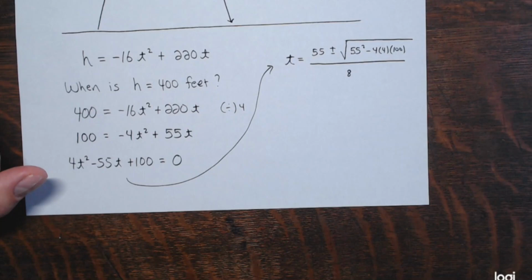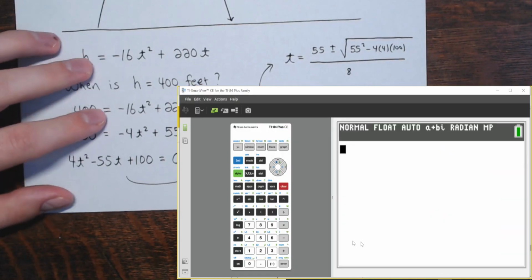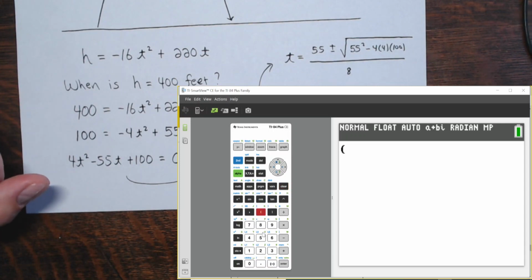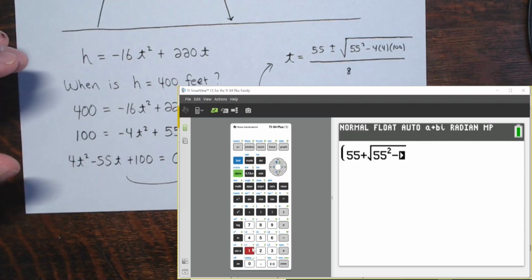So pulling the calculator back up. One of these is the quantity 55 plus the square root of 55 squared minus 4 times 4 times 100, which would be 1600. I'll just put 1600, and all that divided by 8.